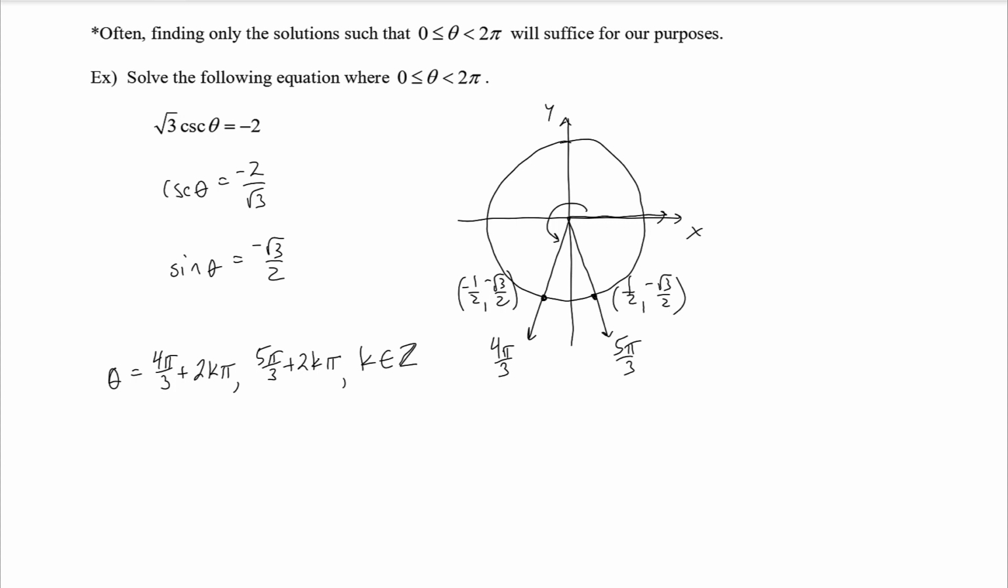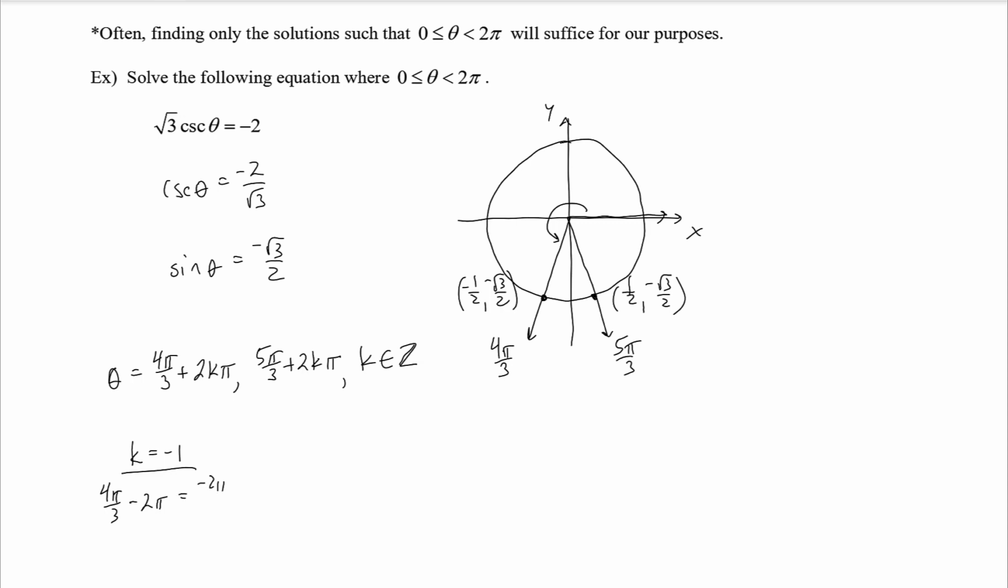It's an integer. But here's the thing. As I plug different values of k in, I'm not going to get any other answers that are positive, so bigger than 0, but less than 2 pi. I'm not going to get any more of those. So let's try it. If I plug in k equals -1, then I get 4 pi over 3 minus 2 pi. Well, that's going to be a negative angle.